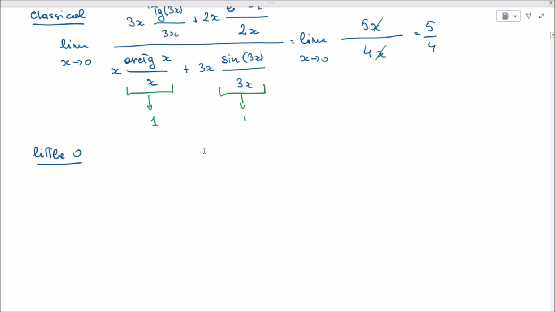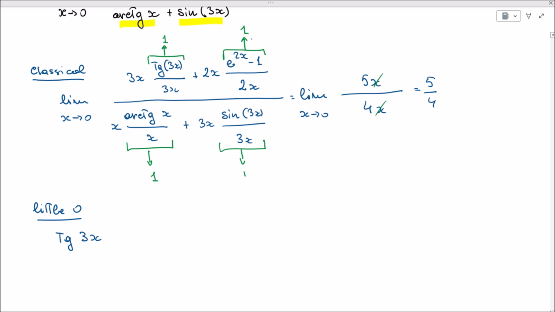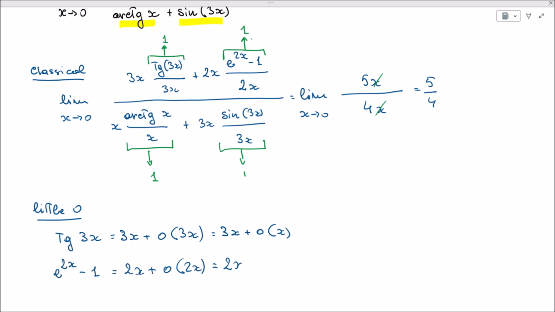So tangent of 3x will become 3x plus little o of 3x, and by the algebraic property of little o, we know that this is simply 3x plus o of x. E to the 2x minus 1 is 2x plus little o of 2x, which is 2x plus little o of x.